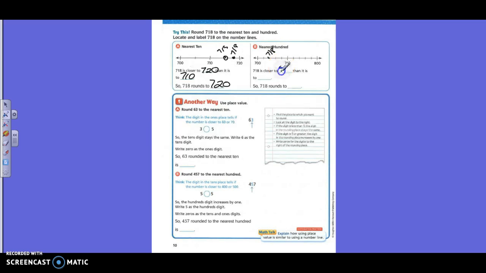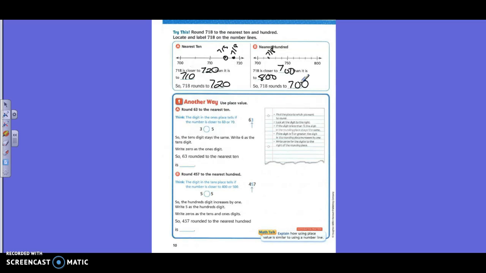Okay, it is closer to 700 than it is to 800. So 718 rounded to the nearest hundred is, everyone? 700. Okay. That is using a number line.